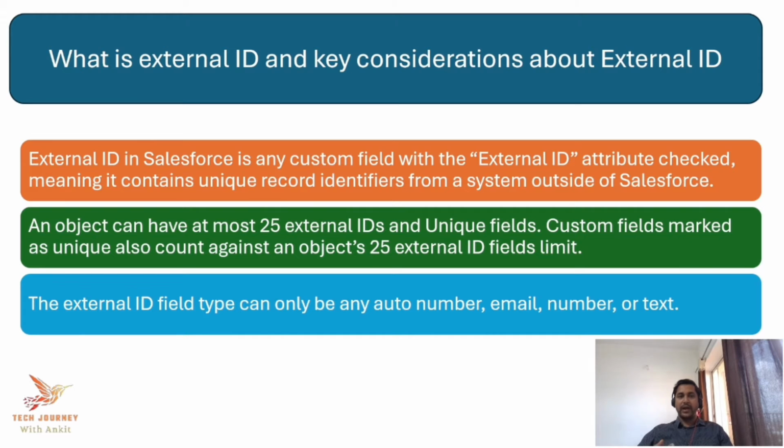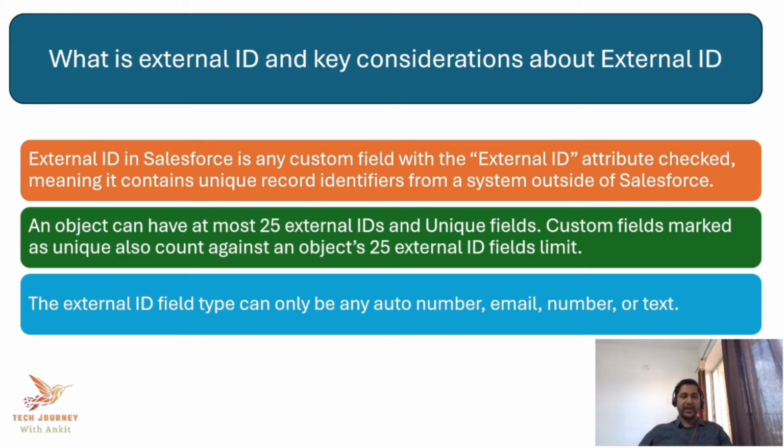Then the external record identifiers that you are storing from the external system will be mapped in Salesforce. For example, let's say you are bringing Oracle data into Salesforce and you have to store the Oracle key identifiers in Salesforce. You will mark them as an external ID.